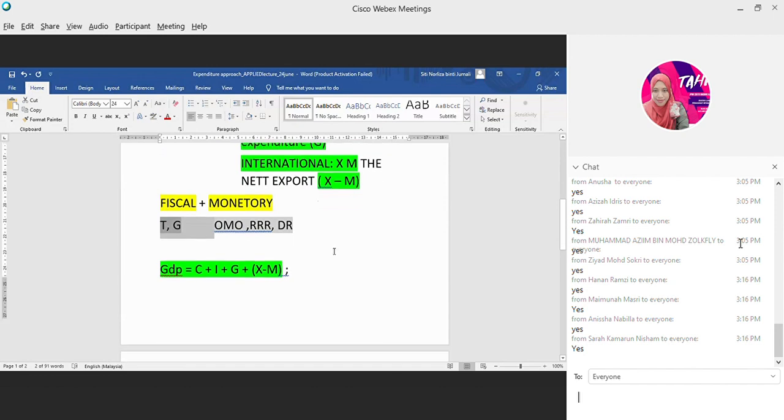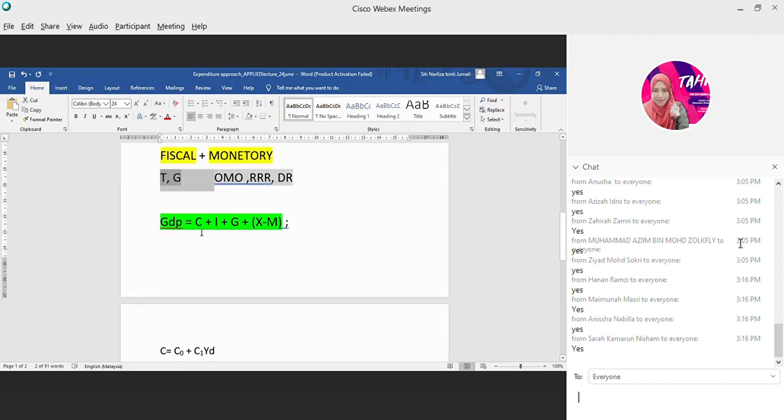Okay? Alright, now, just to let you know, when C changes, of course GDP also changes. When I changes, GDP will change. G changes, GDP also changes. So just remember the sign. If I increases, GDP increases.